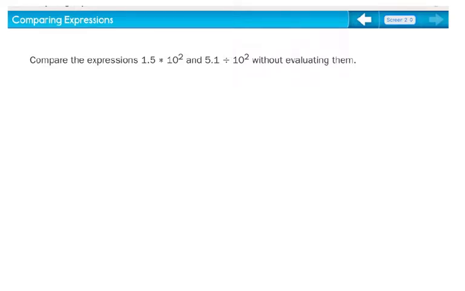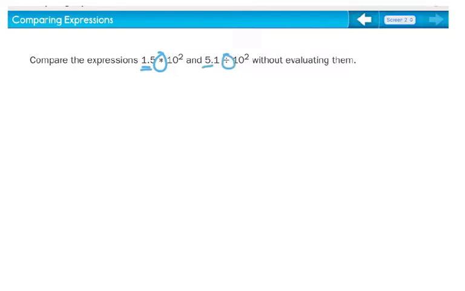So compare the expressions 1 and 5/10 times 10 to the 2nd and 5 and 1/10 divided by 10 to the 2nd power. Which one would be larger without figuring it out? Well, anytime you're going to multiply, it's going to become larger than 1.